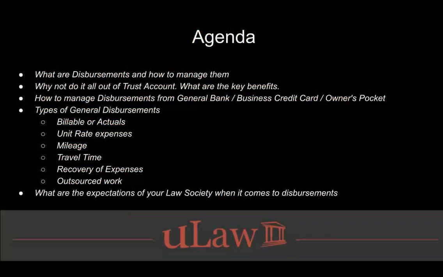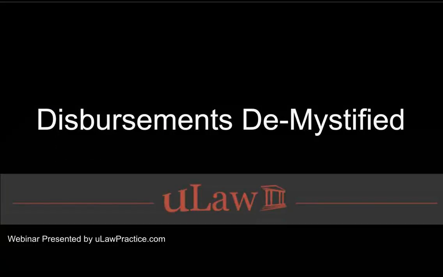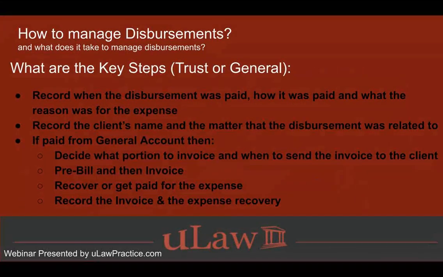So when you pay out of your general account, what happens is that you get to first decide whether you are paying a lesser amount and you're charging your client a higher amount, which is called markup. Basically, you pay $15 and you collect $20 from your client, which is markup.